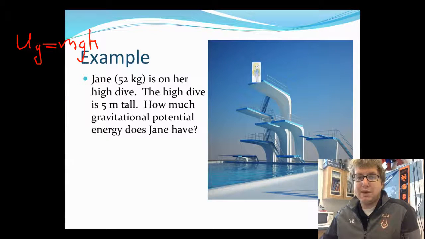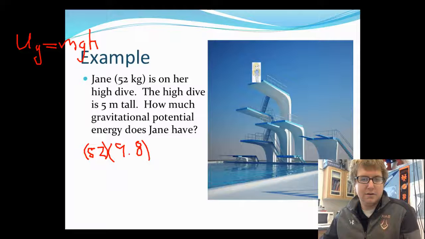Jane is our object, and she is 52 kilograms, and mass is in kilograms, which is what we always want it to be in. So 52 times the acceleration of gravity, since we're on Earth, that's 9.8, times the height. She is at 5 meters, so that's times 5. You always want this in meters as well.